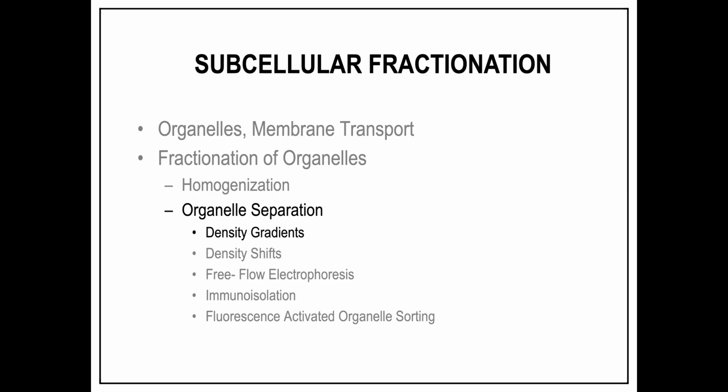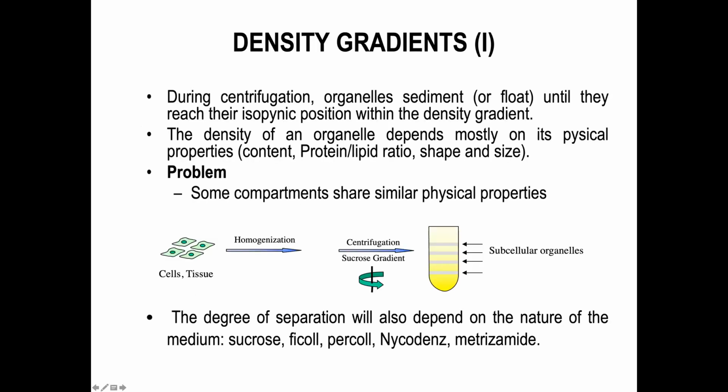We have seen a video how you apply that, and we come now to this last part of the video where you start separating these organelles and where you're using gradient centrifugation for that. Now, the principle of density gradients is that during the centrifugation, organelles will sediment or float until they reach their isopycnic position within the density gradient.